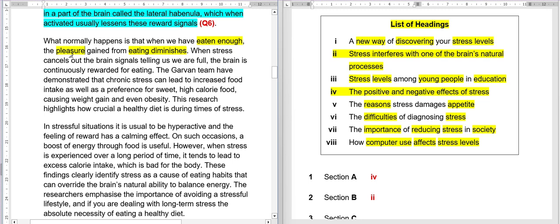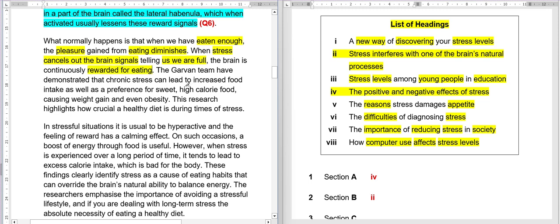Whatever pleasure we were getting from eating that particular food, it diminishes. But when stress cancels out these signals that we are full, the signals which give us an uncomfortable feeling because we were full, you are eating continuously because the food tastes the same.